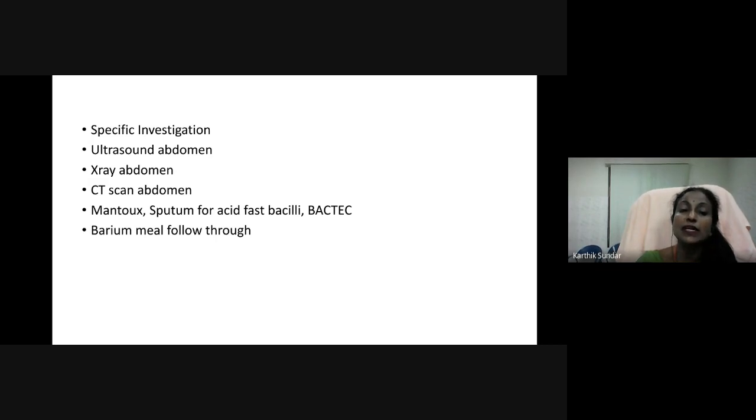The CT scan has overtaken all the other investigations like ultrasound, especially for hollow viscera.